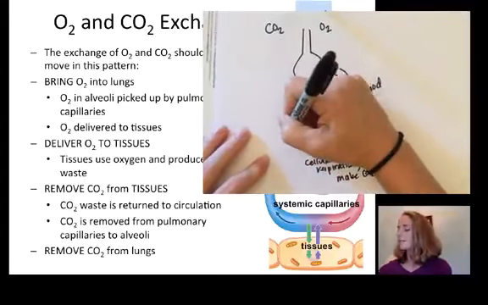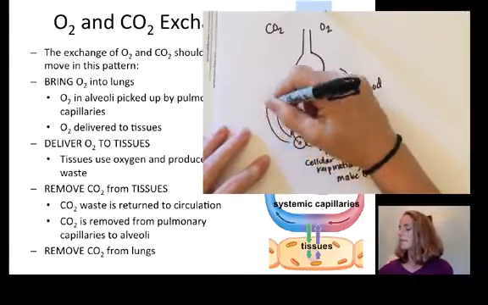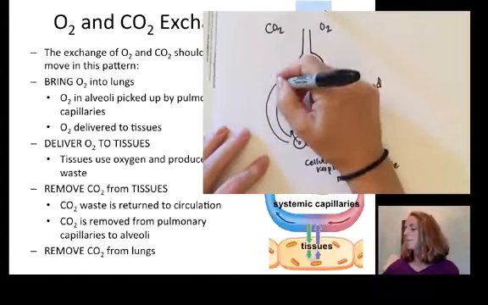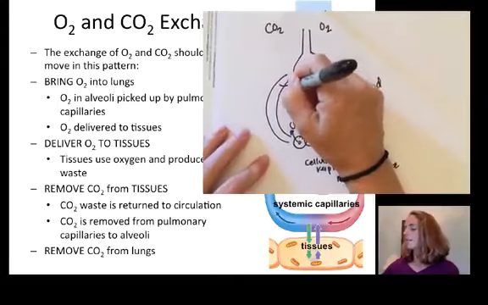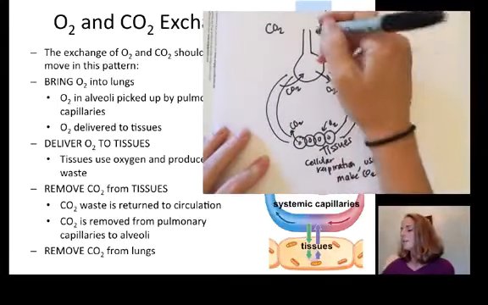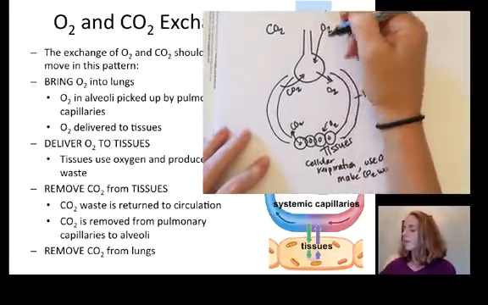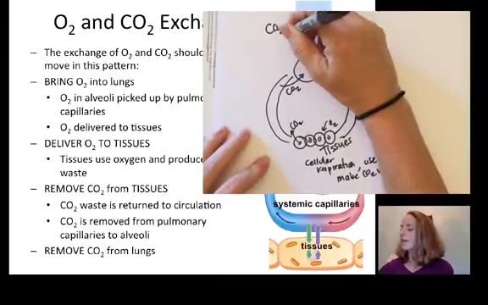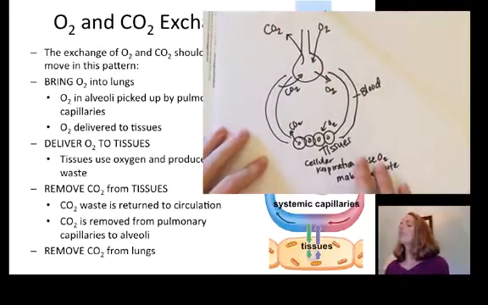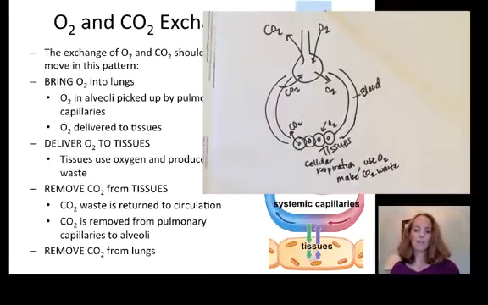The carbon dioxide is going to go back into the blood and be carried through the blood to the lungs, where carbon dioxide now will go from the blood into the lungs. So we want oxygen to come in and carbon dioxide to move out. Remember this as we start to go through the nitty-gritty details and it starts to get a bit confusing.